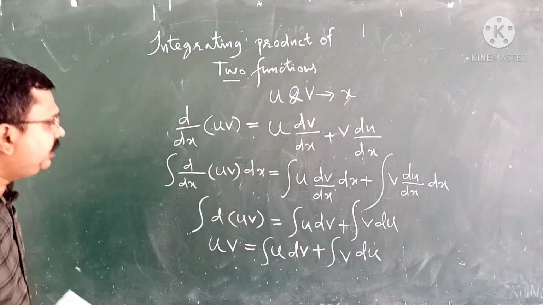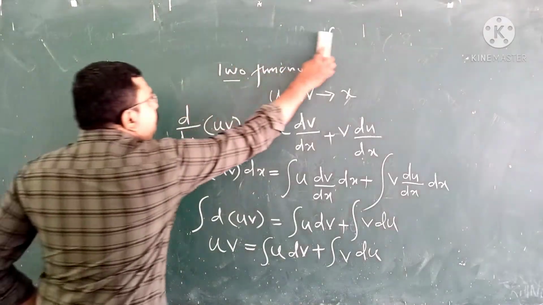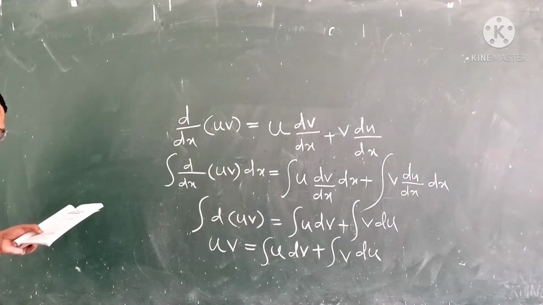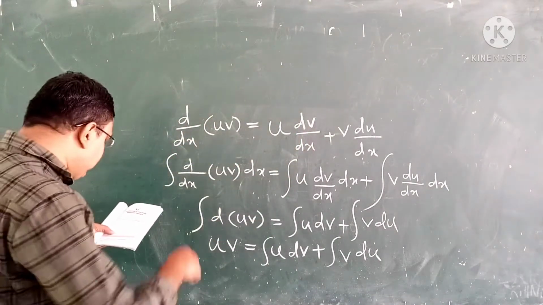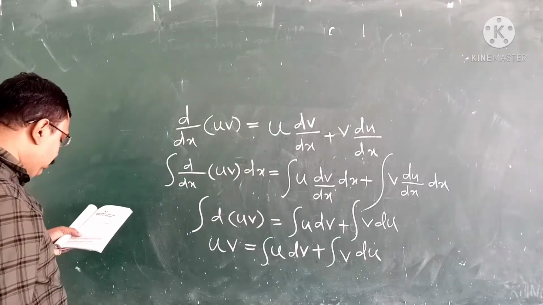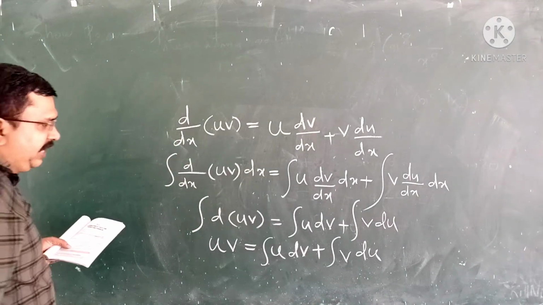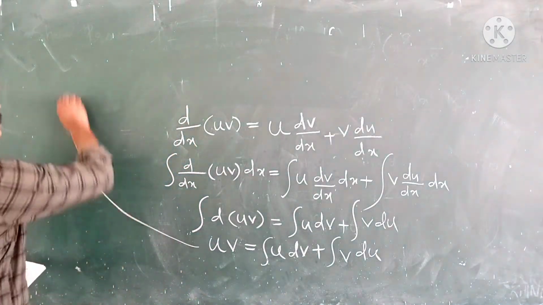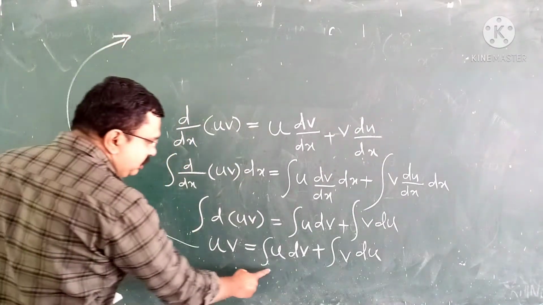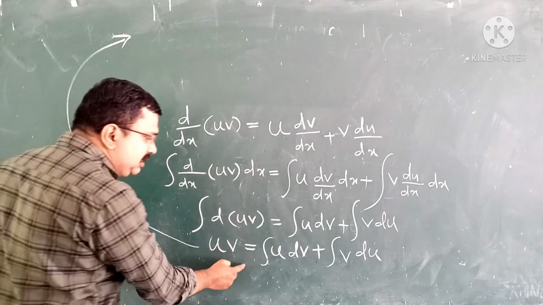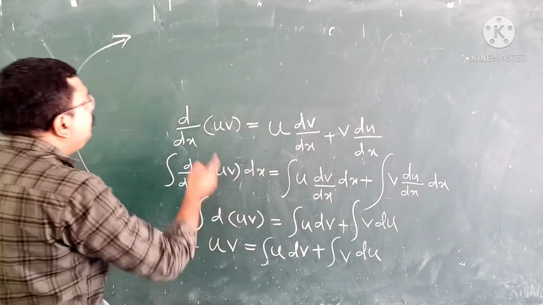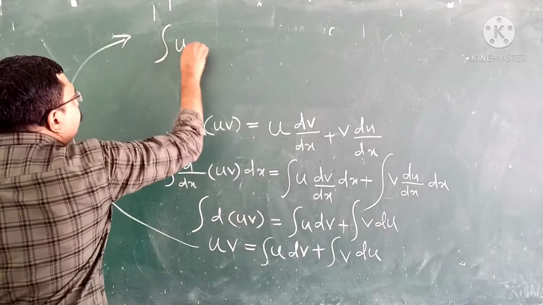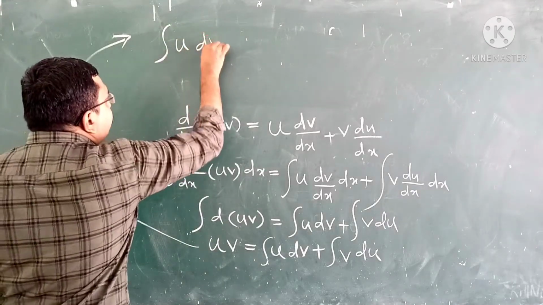Okay, then the remaining is, now we can write integral of, we are shifting this one, therefore from this step we can move to another step, that is integral of u dv.